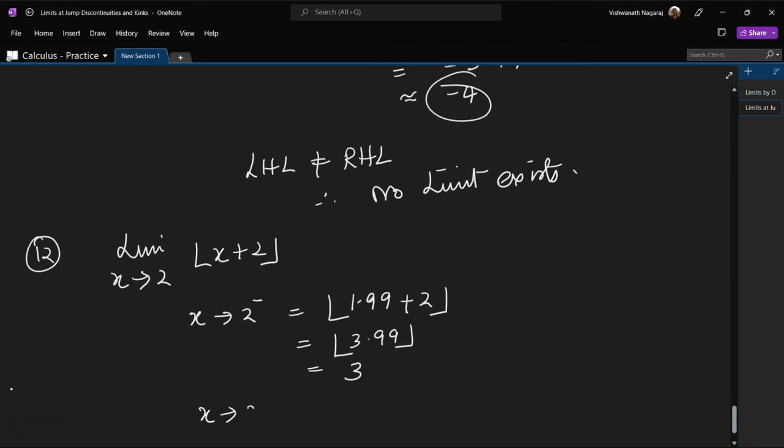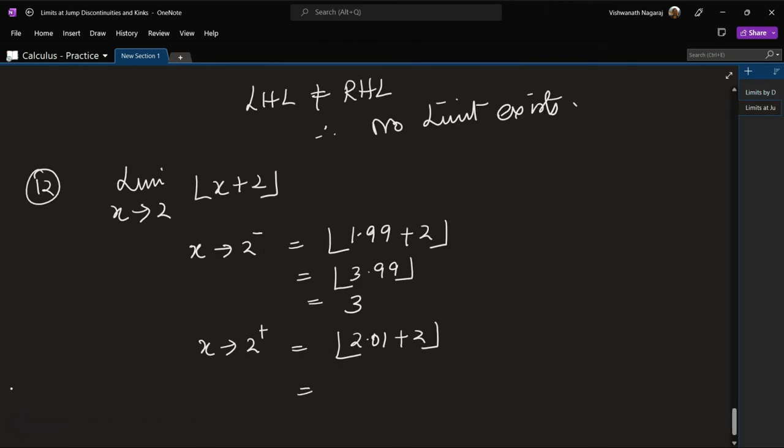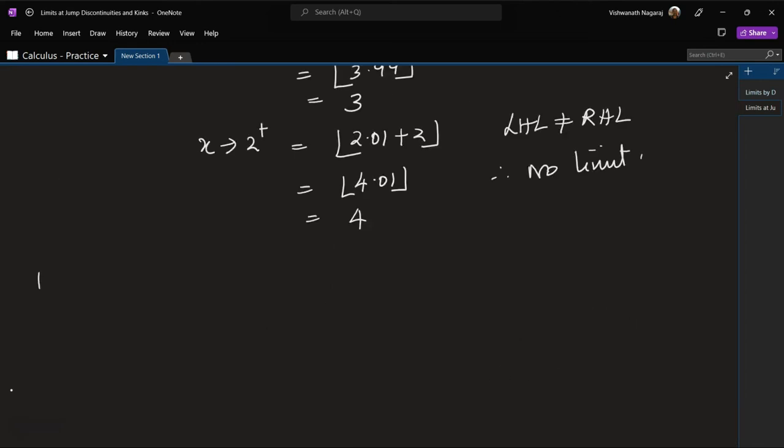Now, as x approaches 2 from the positive side, that would be 2.01 plus 2, which gives us 4.01, which is equal to 4. So again, LHL not equal to RHL. So therefore, no limit.